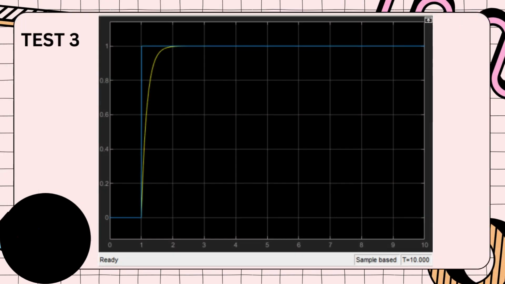This is test 3, where the value of I is equal to 0.000419. From all the graphs, the best graph we get is when I equals 0.000419, where the output line is almost parallel to the step input line.